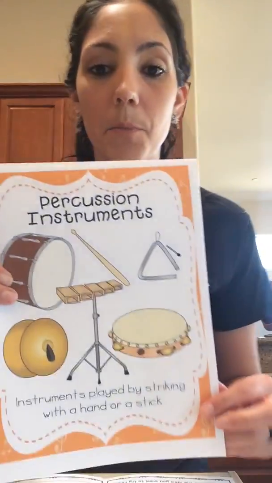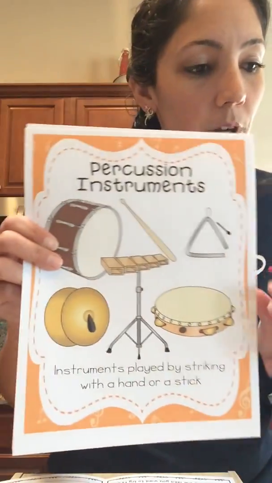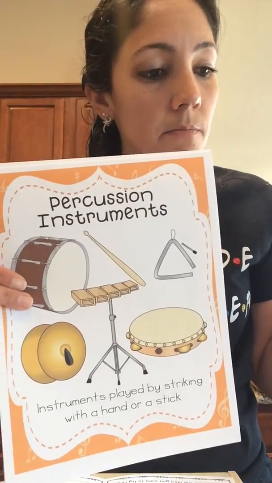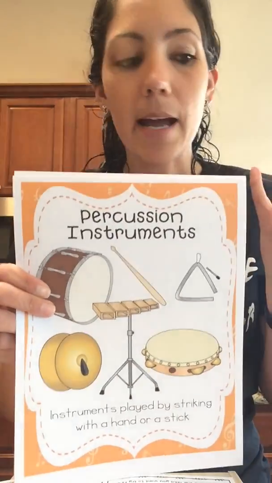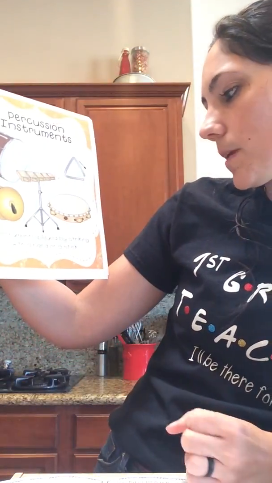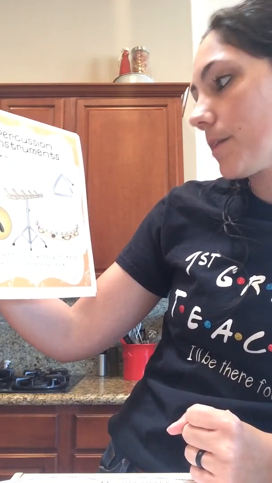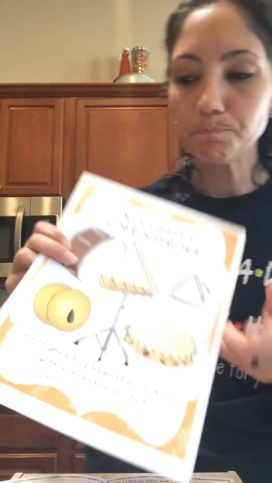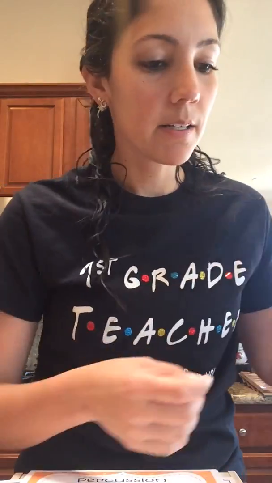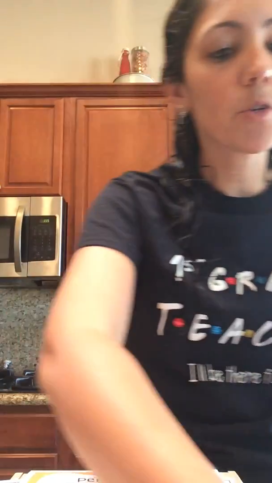And the last kind of instrument you might want to consider would be a percussion instrument. Percussion instruments could be like drums or maracas or a xylophone. A percussion instrument is played by striking the object with a hand or a stick. A drum is a really great example of that, which wouldn't be too hard to create.